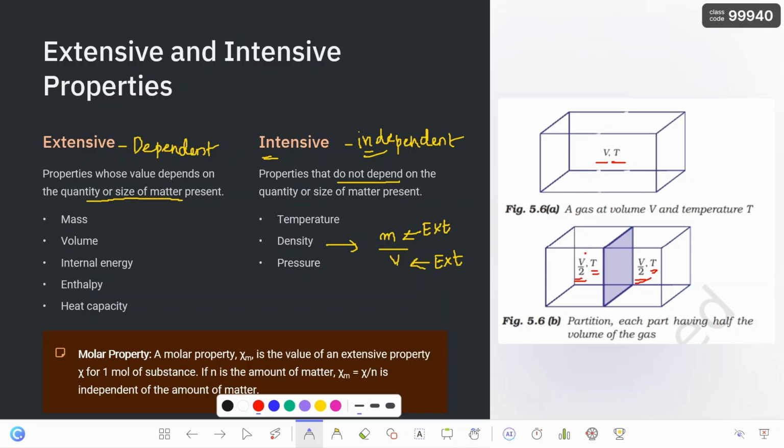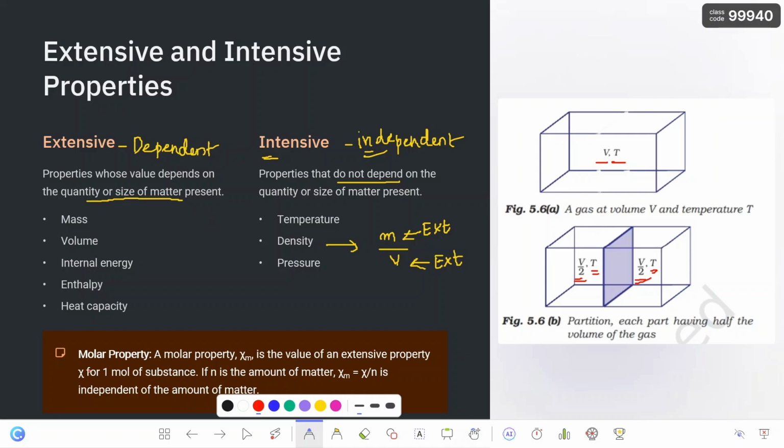When the size is reduced, the temperature didn't change. It doesn't depend on the size, so that is intensive. While volume changes with the mass, size or quantity of the substance, so it is called an extensive property.